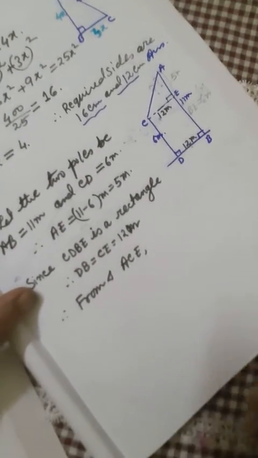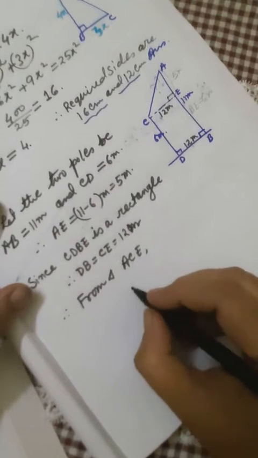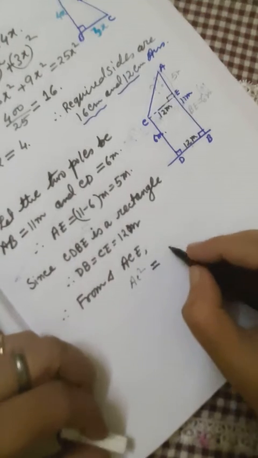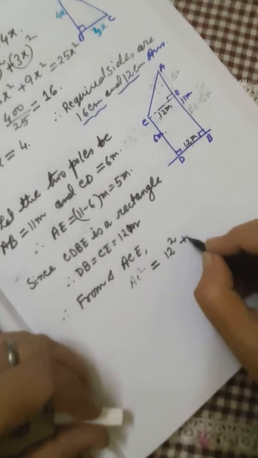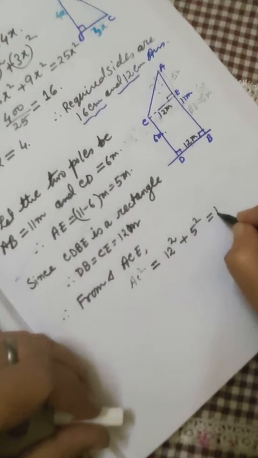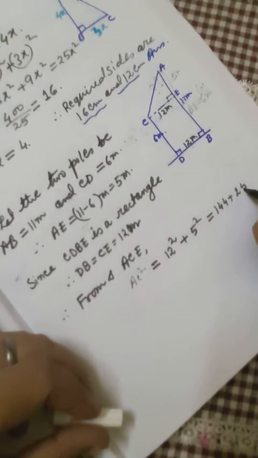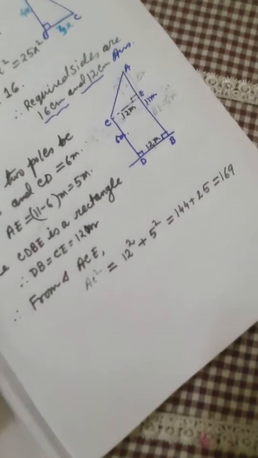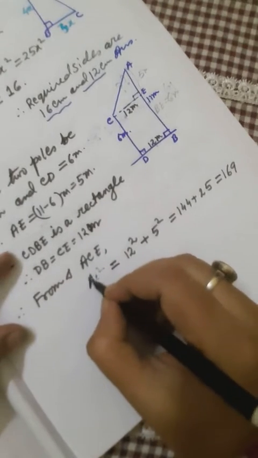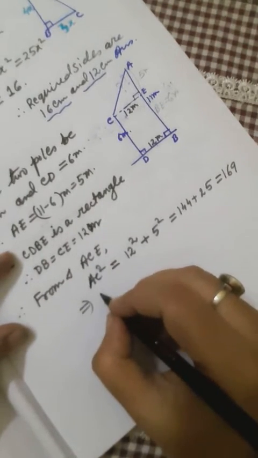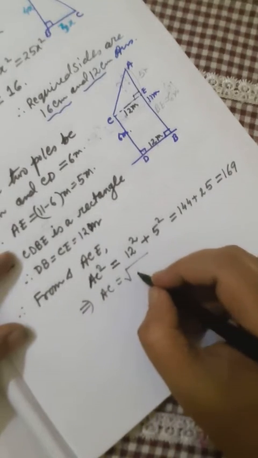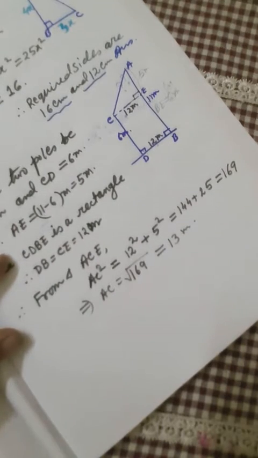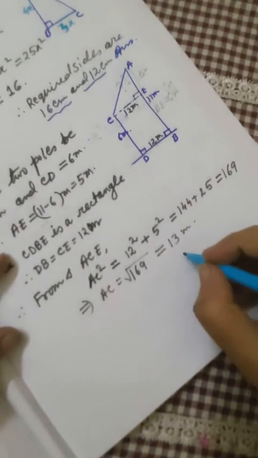From triangle ACE, we can write AC square is equal to 12 square plus 5 square, which is 144 plus 25, which comes to 169. Therefore AC is equal to the square root of 169, which is 13 meter. So the required length of AC is 13 meter.